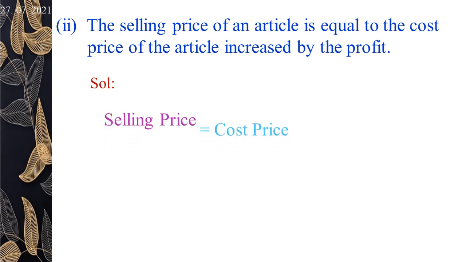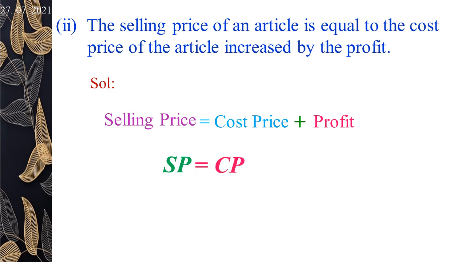Selling price equals cost price plus profit. Therefore, short form of selling price is SP, short form of cost price is CP, profit short form P. So we get SP equal to CP plus P.